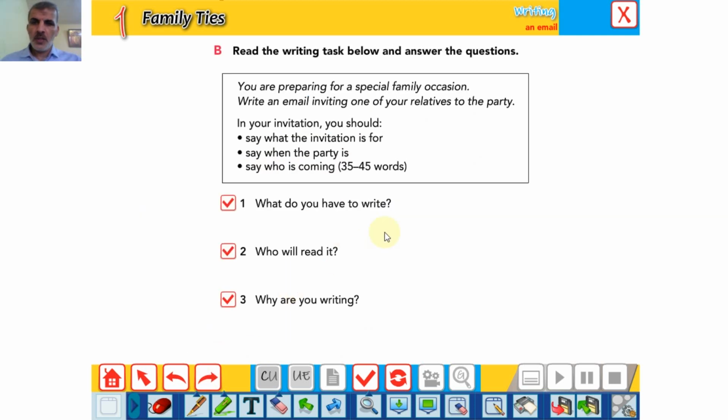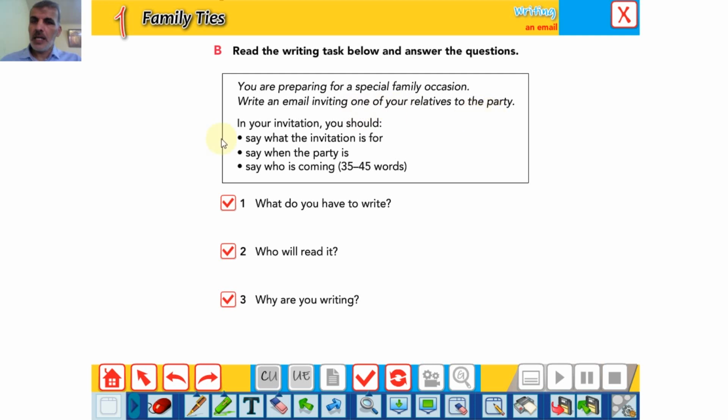Now, we are asked in exercise B to read the writing task below and answer the questions. Let's read the writing task. You are preparing for a special family occasion. Write an email inviting one of your relatives to the party.